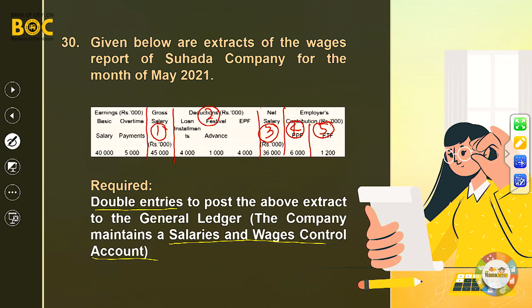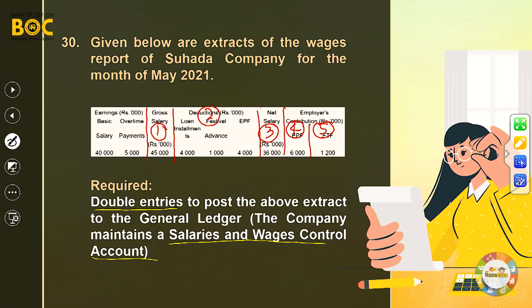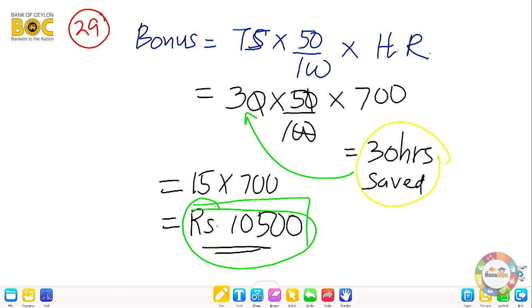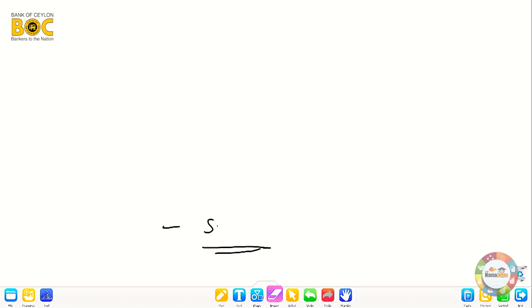Usually companies maintain a salaries and wages control account to complete the double entries. This company is also the same. The first entry, recording of gross salary. You can draw the general journal and record it.